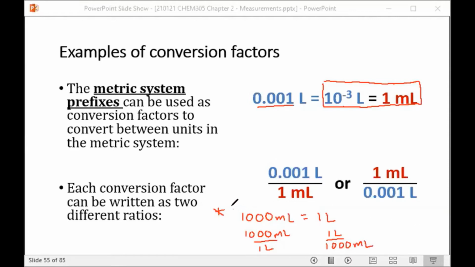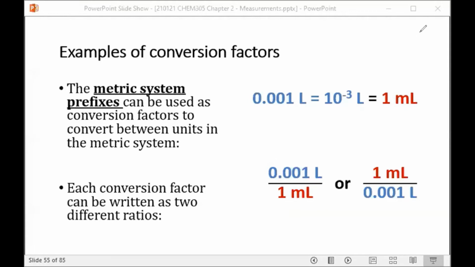To write it this way, all we did is take the conversion factor up here, 10 to the negative third liters per 1 milliliter, and multiply both sides by 1,000. So 10 to the negative 3 turns into 1, and 1 turns into 1,000. Some people find it easier to remember 1,000 milliliters per liter instead of 10 to the negative third. All conversion factors can be written as two different ratios, and you can use the metric system prefix table to convert between any prefix and the base unit in the metric system.